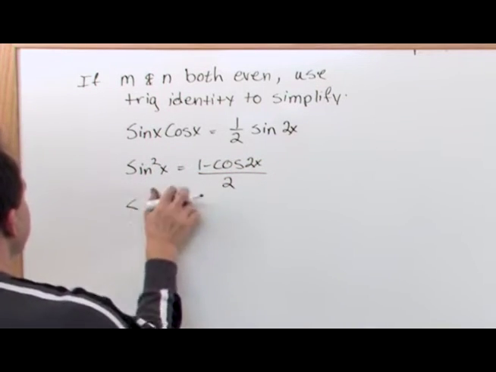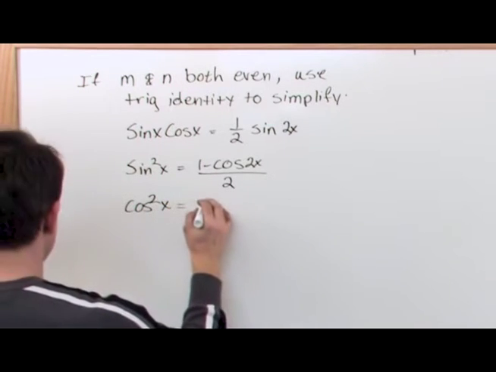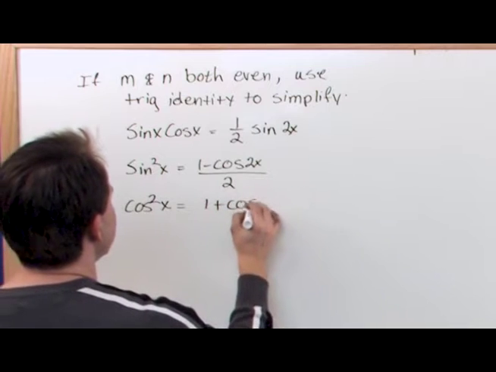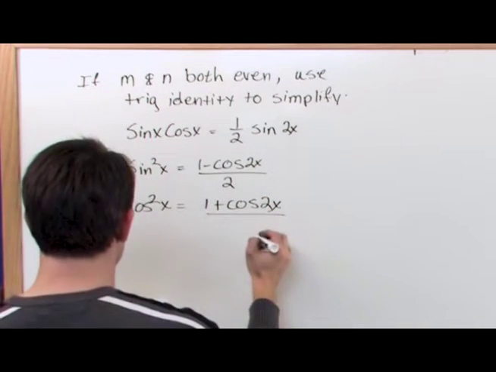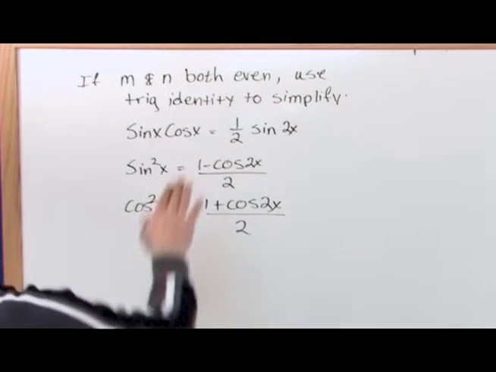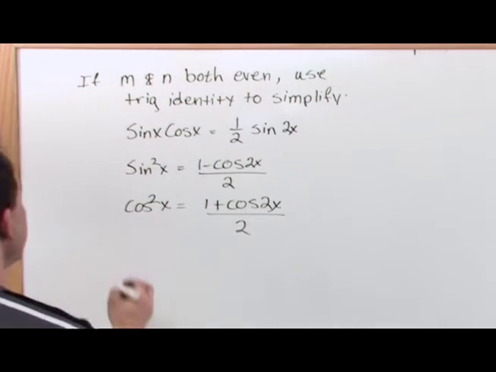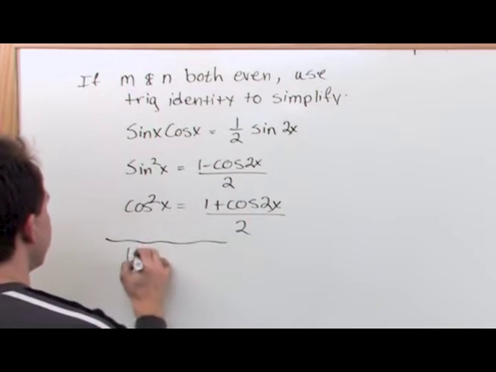You'll also probably use cosine squared of x is equal to 1 plus cosine 2x over 2. Okay, so what you're going to do is, and we'll do a problem here and show you what I'm talking about, but if you have even, you're just going to basically have to use some identities to try to beat it into shape, and then frequently you'll have some useful integrals to help you out.